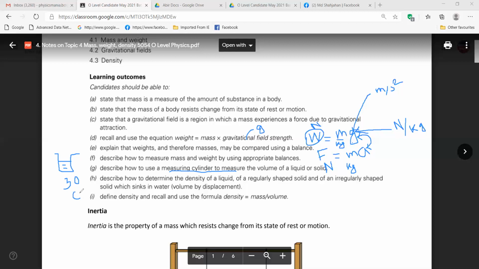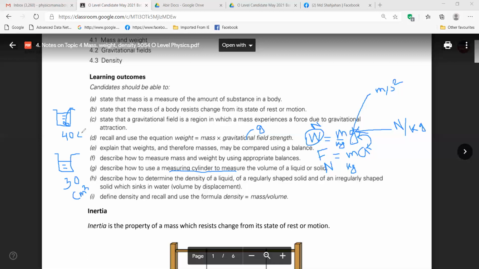Now you are bringing one stone, one small irregular shaped object. After the stone is given here inside, and this is your irregular shaped object, here the water volume is becoming 40 centimeter cube.